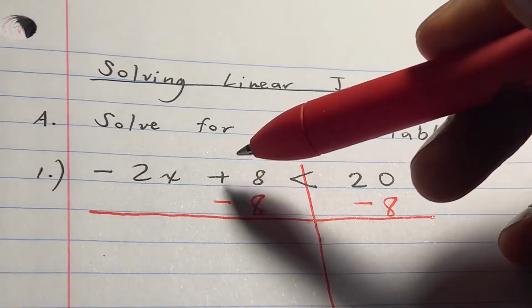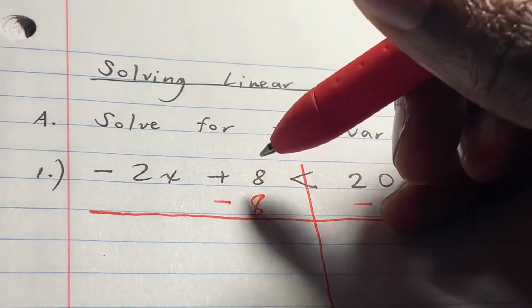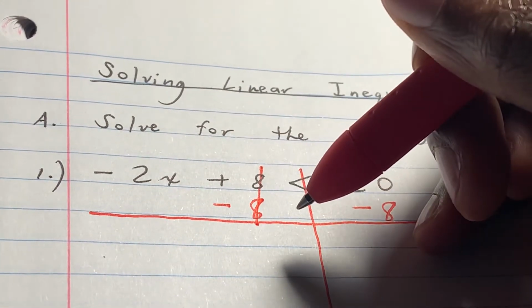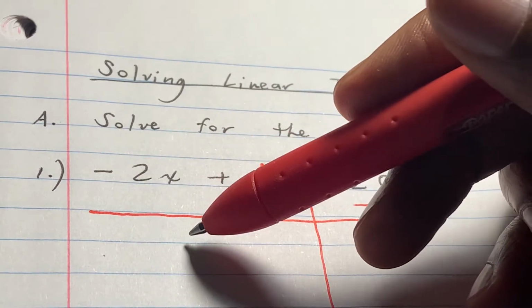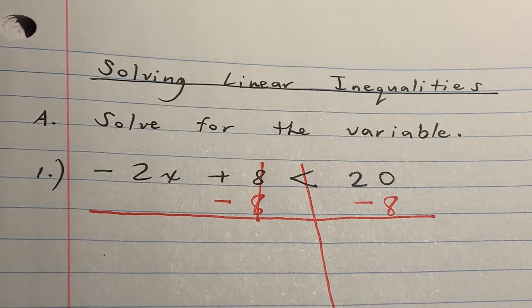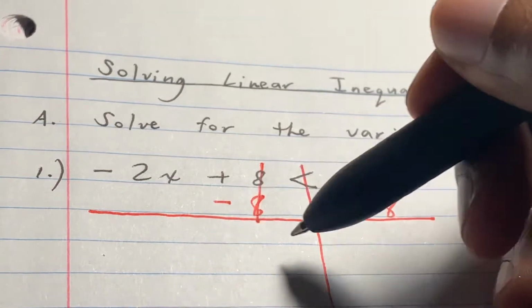Because if I have 8 and I owe 8, I'm left with nothing, these 2 8s will cancel, all right? And the negative 2x gets dropped straight down, but move it over to the right, close to the line, okay? Never just drop it straight and leave a big gap.